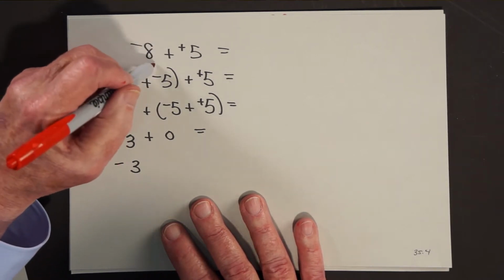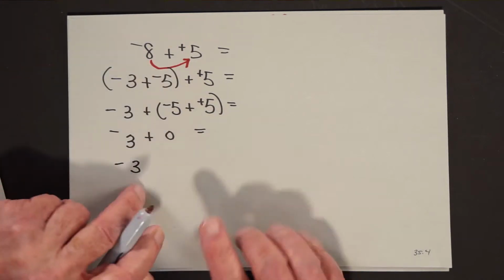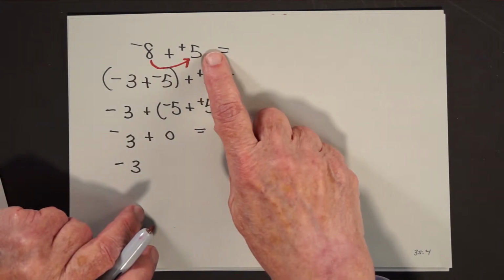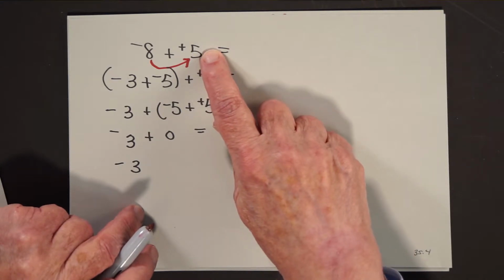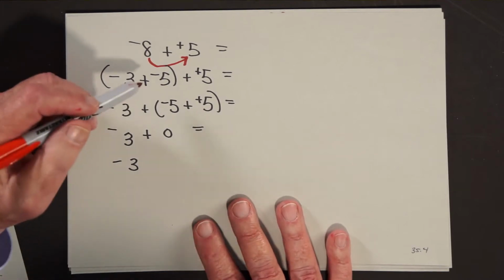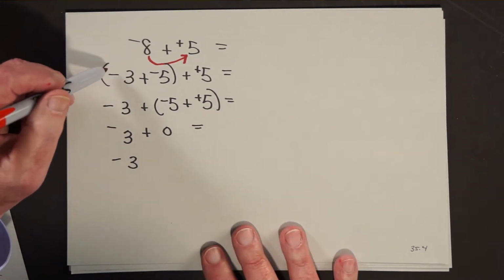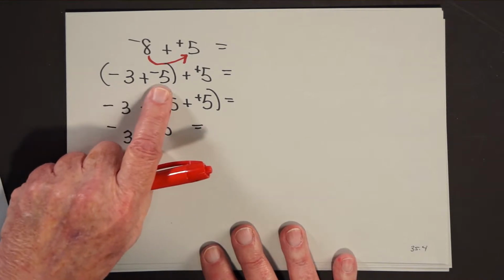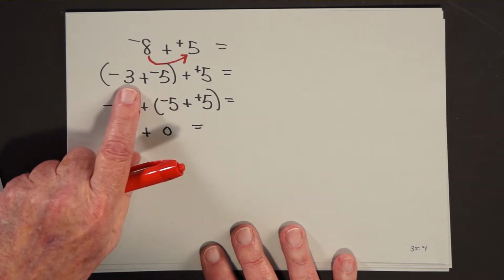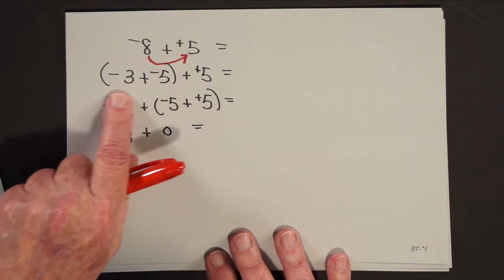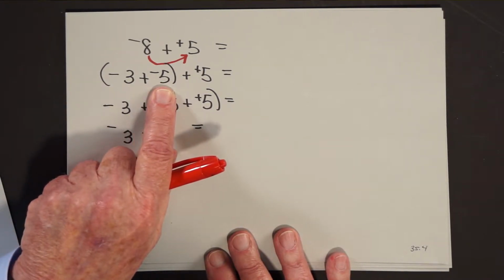The number we were adding to it had an adjective value of 5. It was +5, so we wanted a -5. Why did we want -5 here? Because once we break it down this way, and by the way, just check, -3 plus -5, a $3 loss followed by a $5 loss, is still an $8 loss. Okay, so we still have that.